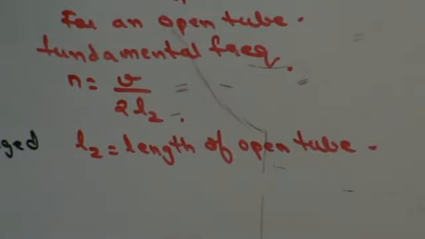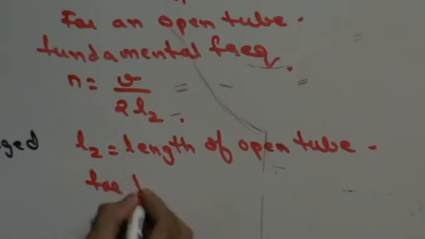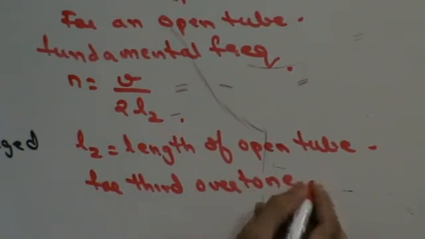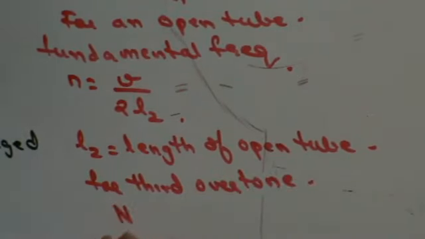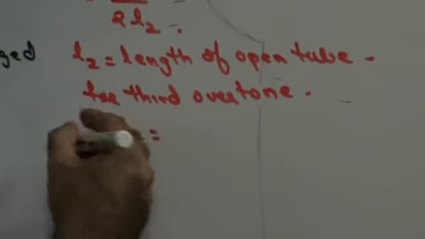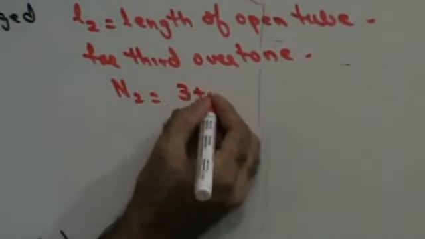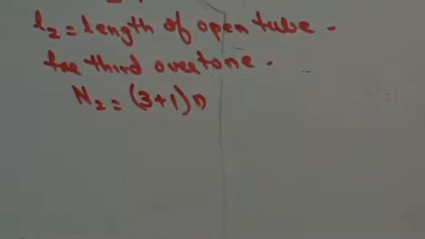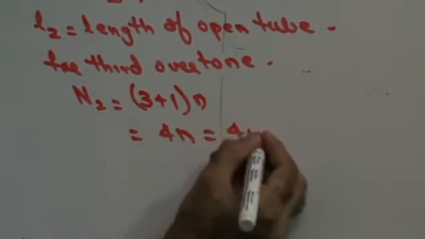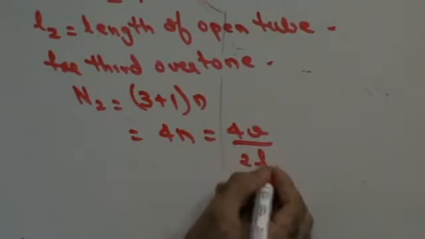Right? In which case, for the third overtone, the frequency will be n plus 1 into n, where n is the overtone number. So this is going to be 4n, that is 4V upon 2L2.